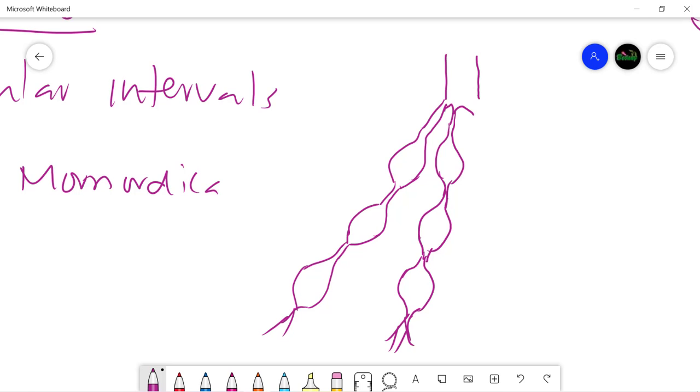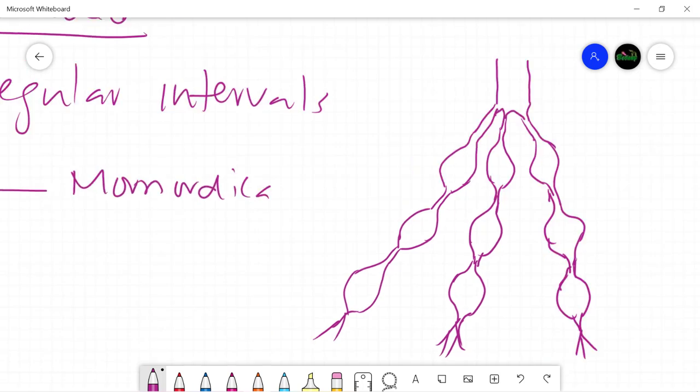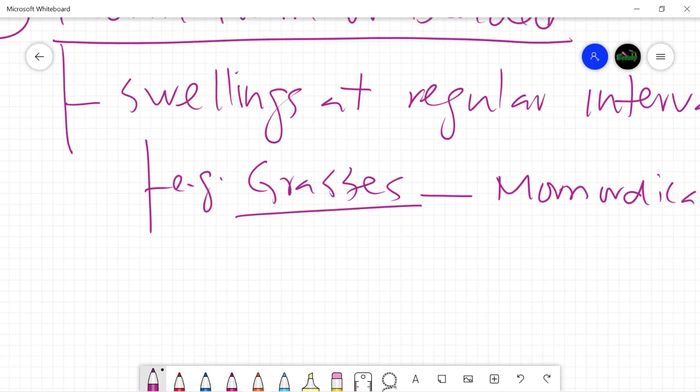And similarly, let's draw one more to save time. So as you can see, these roots have swellings. They are fleshy, but the swellings are at intervals. So we have a thickened region of the root, and then there's a thin or normal region, and then it again gets thickened and so on. So these are moniliform fleshy adventitious roots.